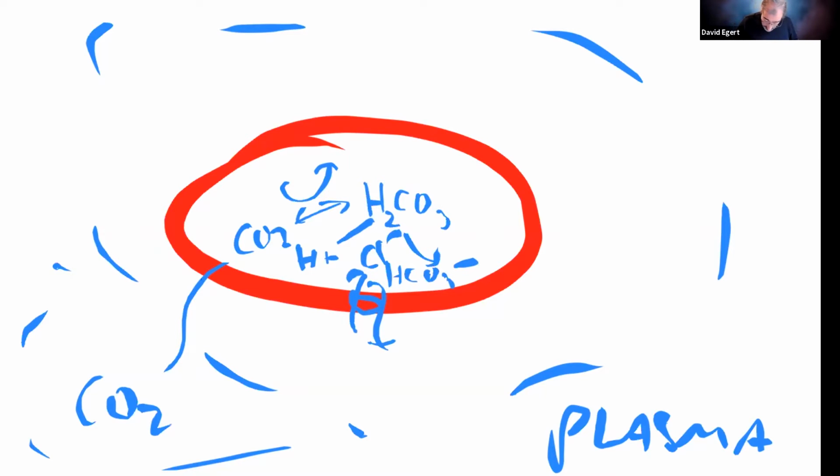And this little bicarbonate chloride exchanger in the red blood cell is going to interact with the ammonium chloride to allow ultimately the ammonium chloride to make it into the cell. But it's not an intuitive reason why ammonium chloride should be penetrating. It's only because of this special system that we haven't talked about yet.